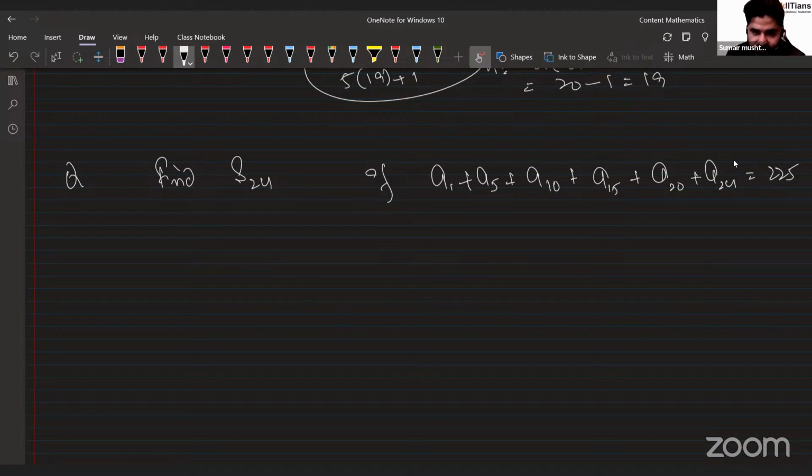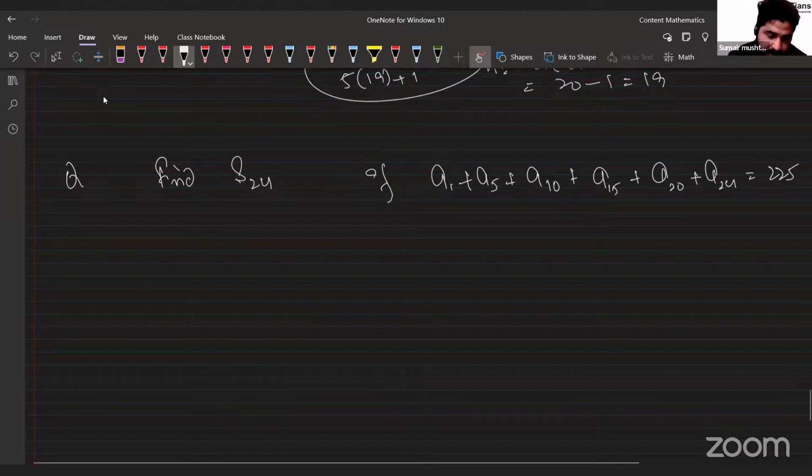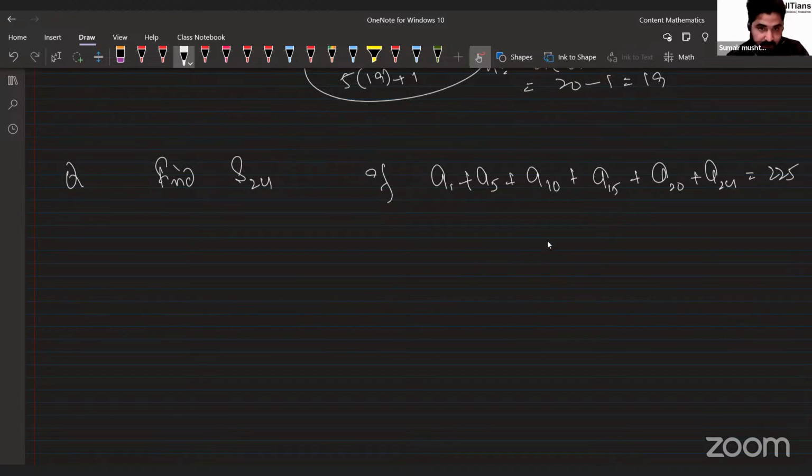If you see the 24 terms, that is A1 plus A2 plus A3 and so on up to A24, you can use one of the properties here. I will explain this with an example. Let us suppose you have an AP 2, 5, 8, 11, 14, 17, 20, 23. These are some terms of an AP.